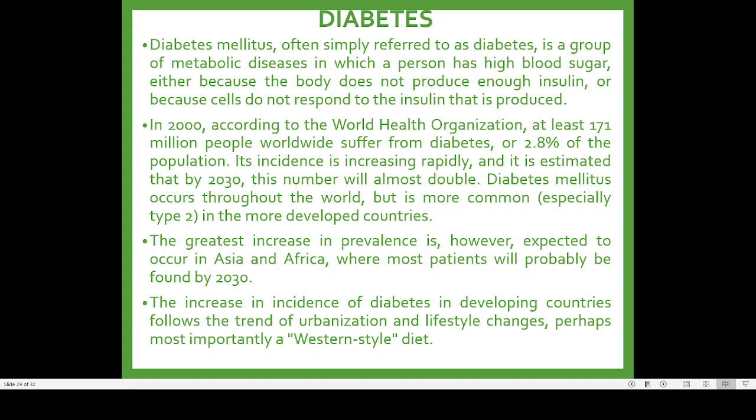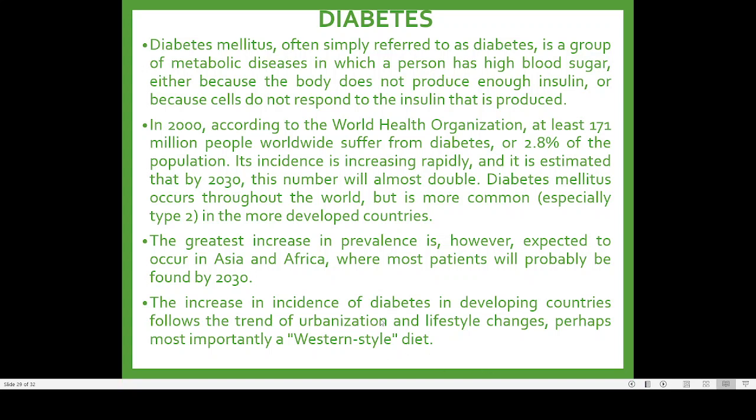So there also this kind of problem of lifestyle disease is increasing. So that is why the WHO is giving this projection that in this present decade, the number of people affected by diabetes in both Asia as well as Africa will be increasing.